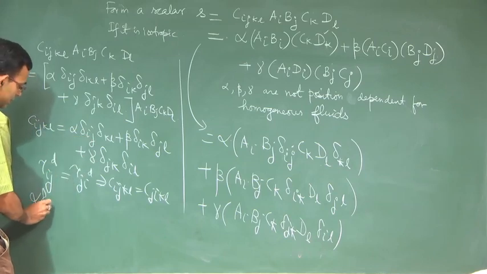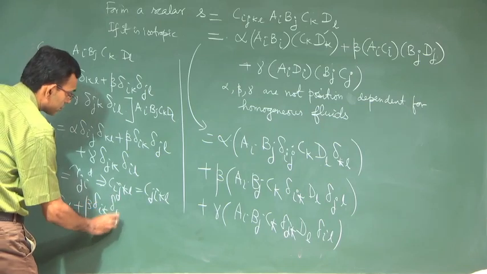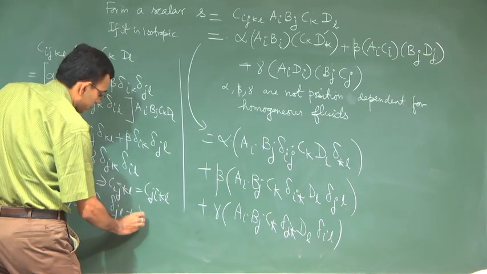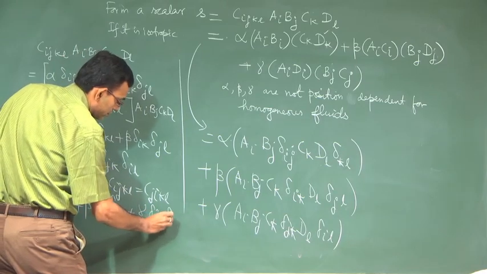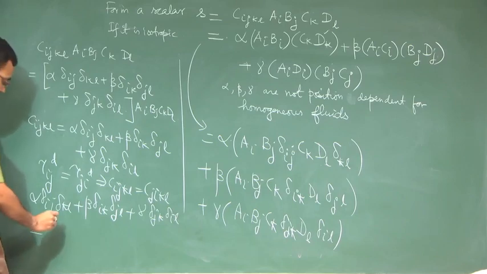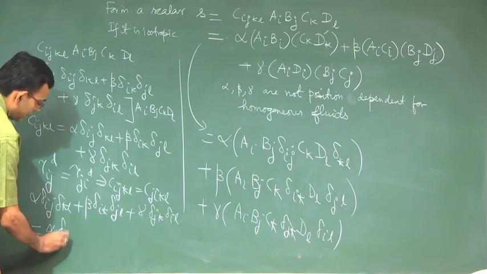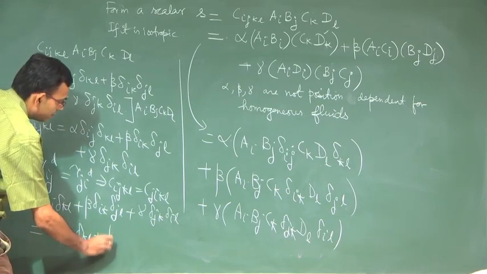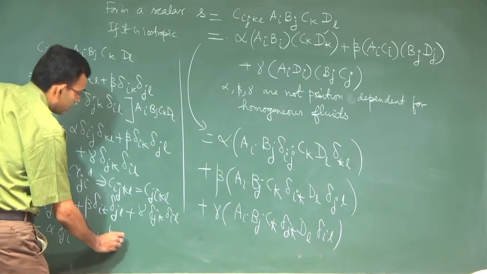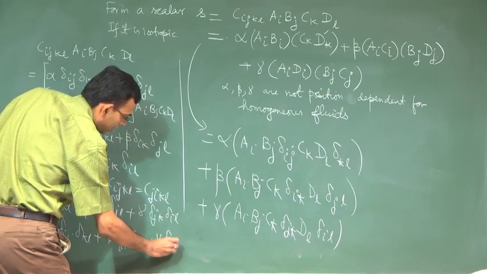So that means you just swap i and j here. Let us write this Cijkl with i and j swapped: alpha delta ji delta kl plus beta delta jk delta il plus gamma delta ik delta jl.